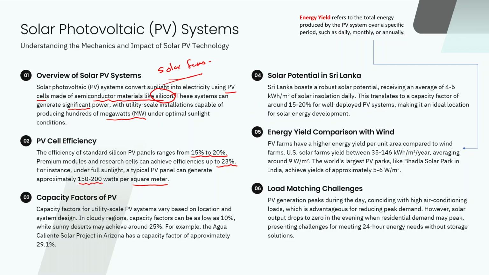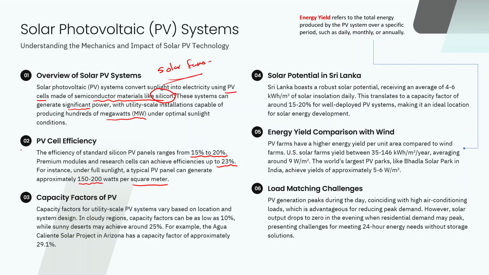So the PV generation is very important to the sustainability of the country, because the energy cost is very low. The fuel cost is almost zero, it's free, right? And for countries like Sri Lanka, that's very important. But the initial cost is pretty high in solar PV.